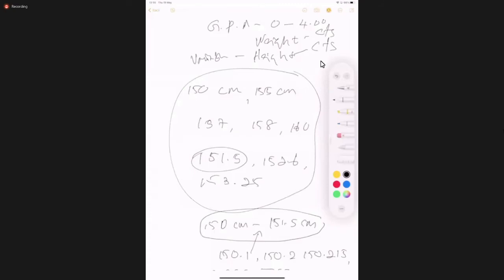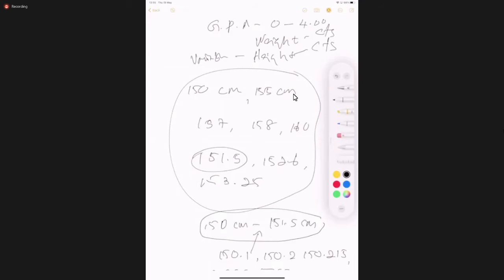It is continuous. Can you understand why? Because there are uncountable and infinite values between 0 and 4.